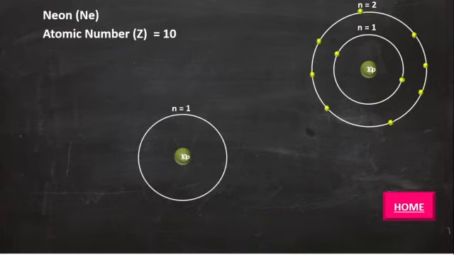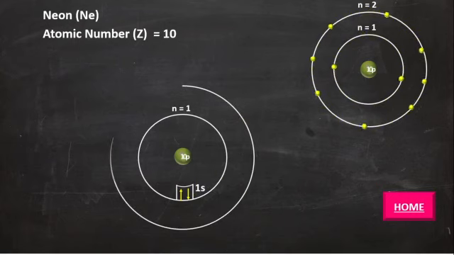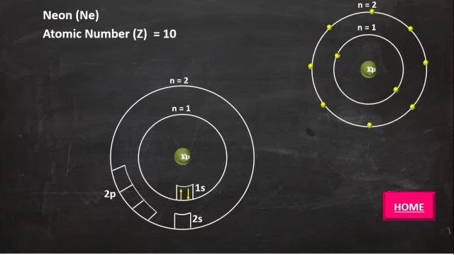The same procedure. 1s, second electron, second orbit I am drawing n equal to 2. Okay, now 2s and 2p orbitals are there.